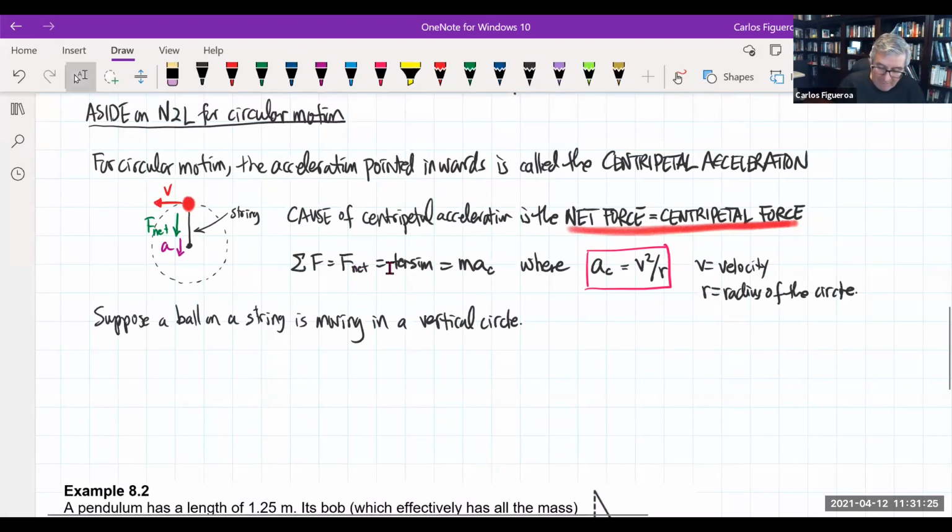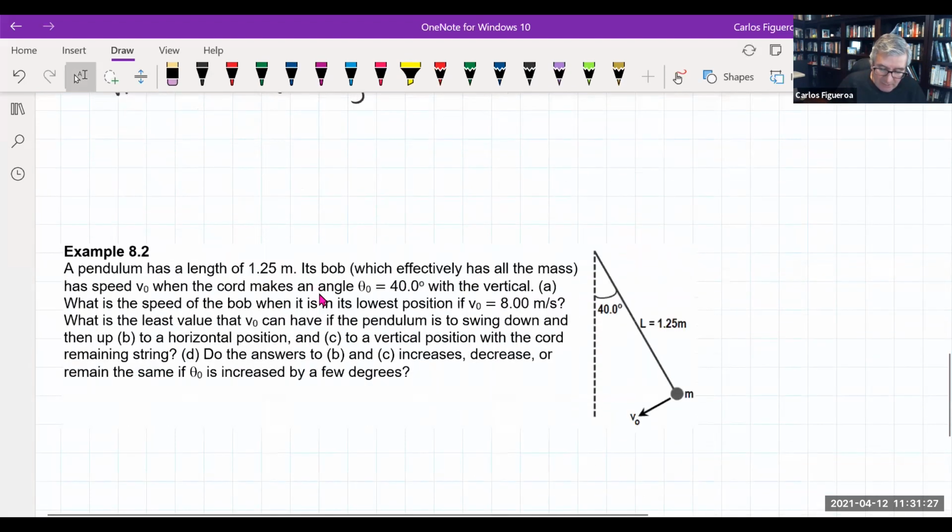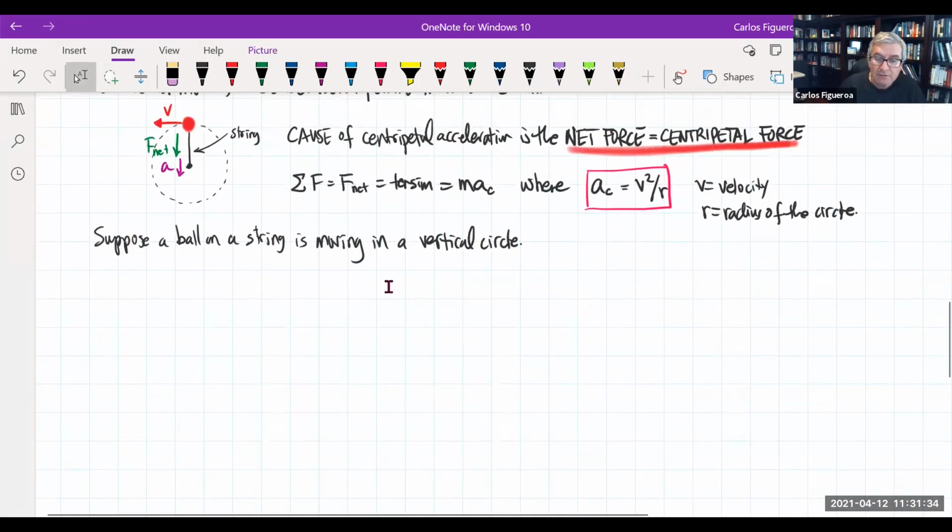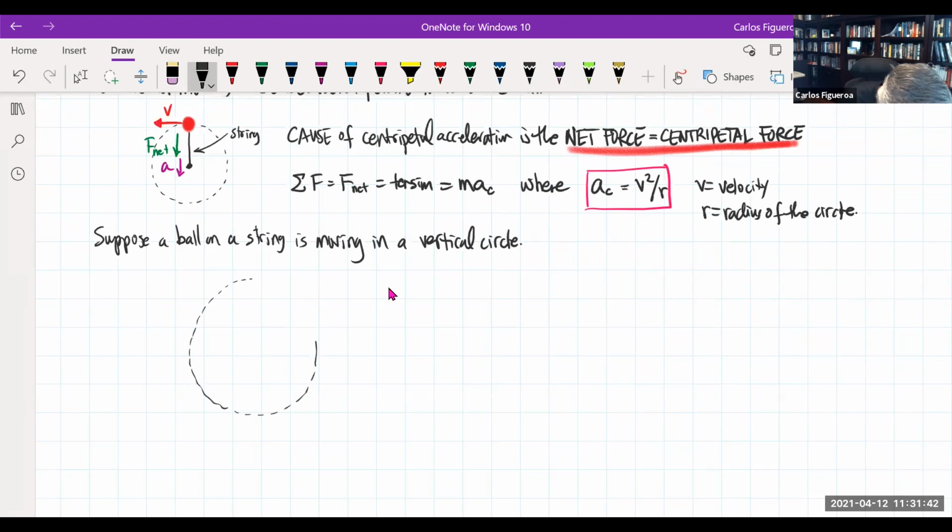Okay. So what I want to do here is look at this using Newton's law. So you could imagine that this is a circle here, right? Here's my path. And of course, here's the center of the circle.